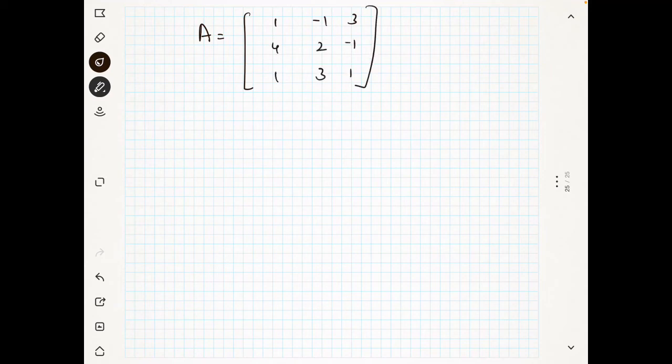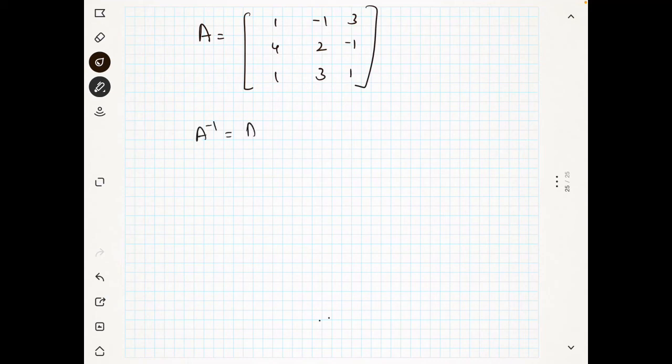For example, we have the matrix A. What was our A? I will write our A: 1, minus 1, 3, then 4, 2, minus 1, 1, 3, 1. And what was our A inverse?